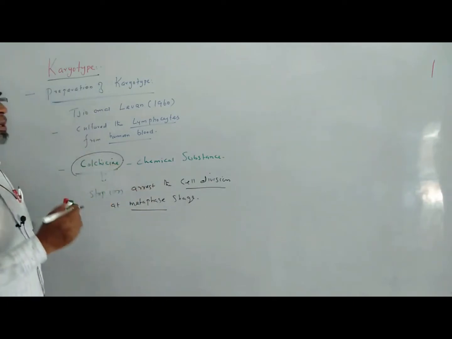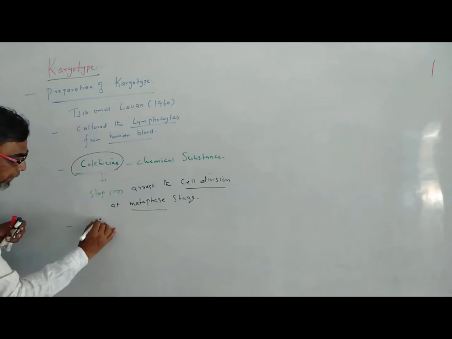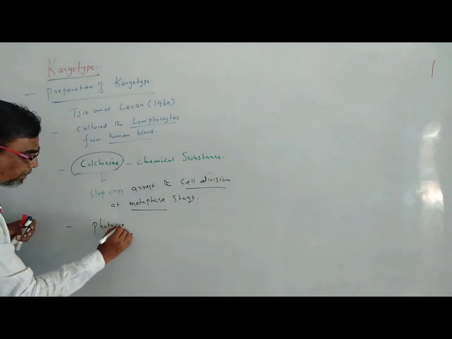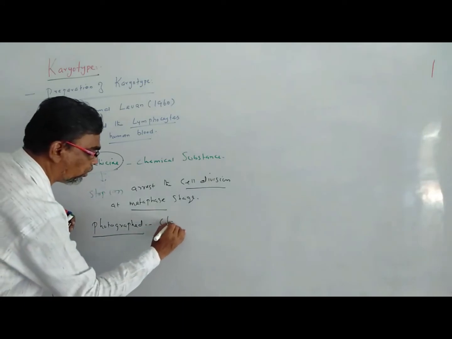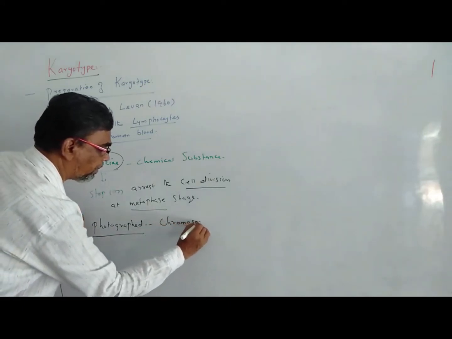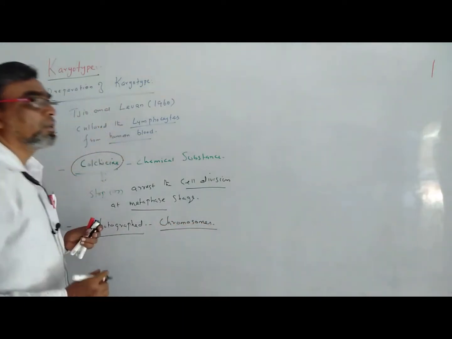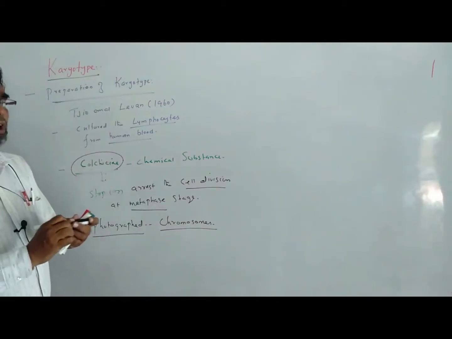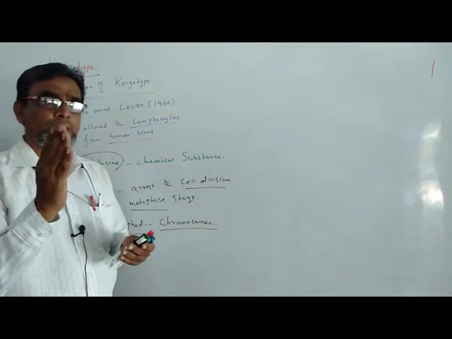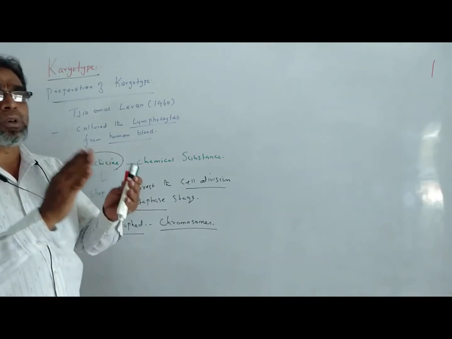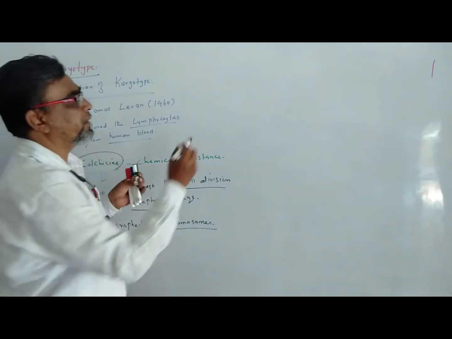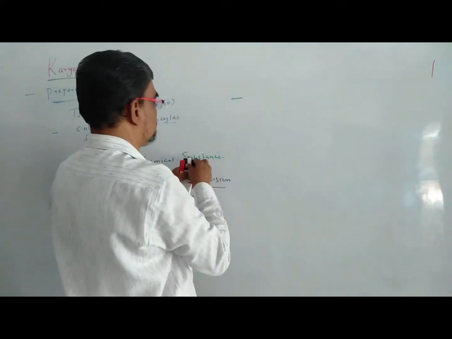Now these chromosomes are photographed. The photographed chromosomes are cut into small separate fragments, and then we arrange them into homologous pairs.